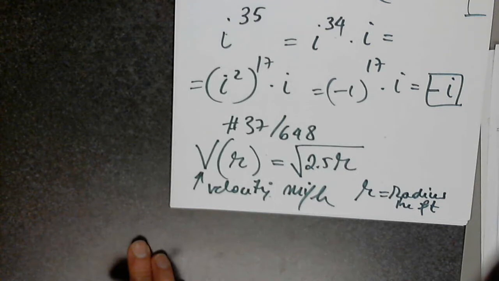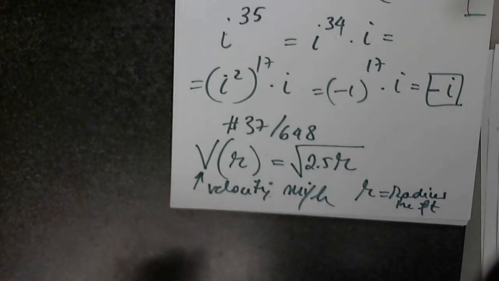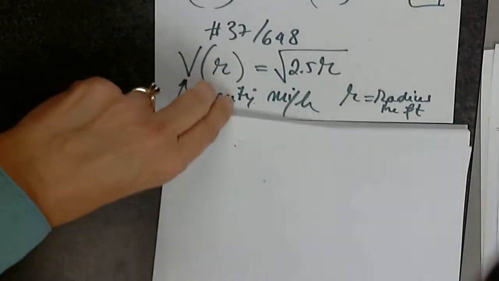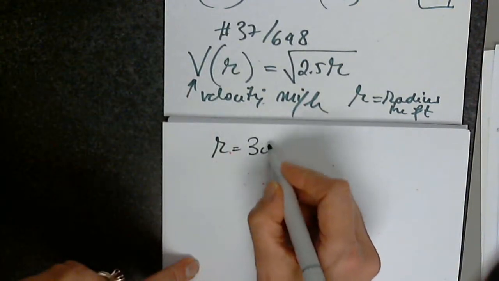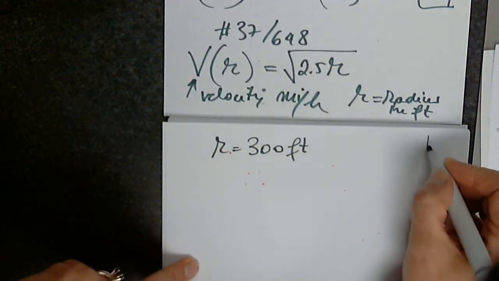To the nearest whole number, find the maximum safe speed if a cloverleaf exit on an expressway has a radius of curvature of 300 feet. So find maximum safe velocity for a curvature with a radius of 300 feet.